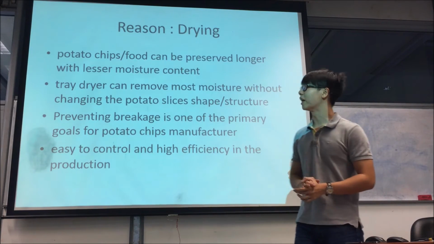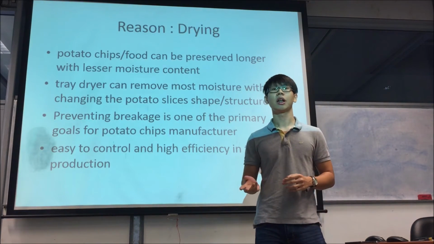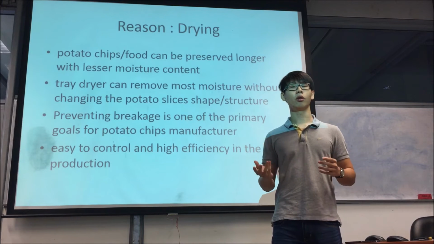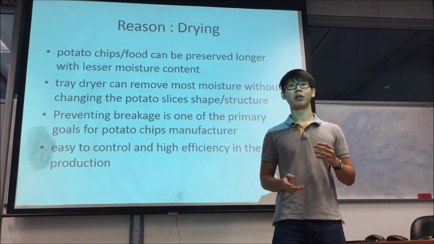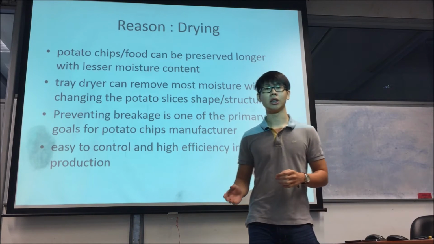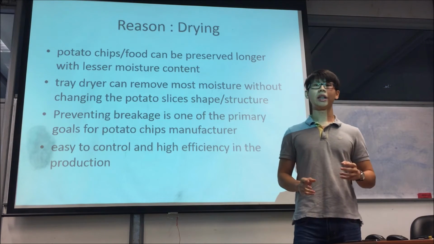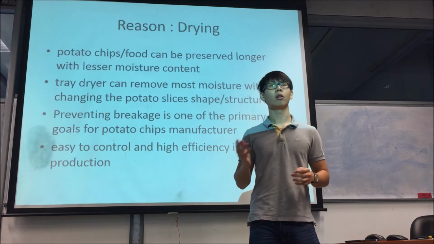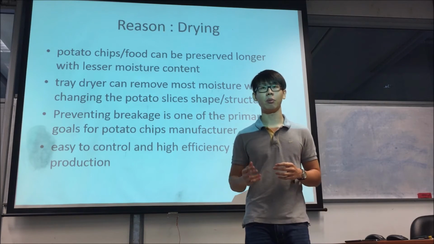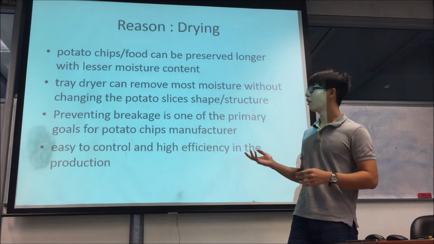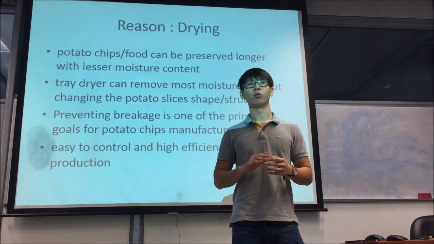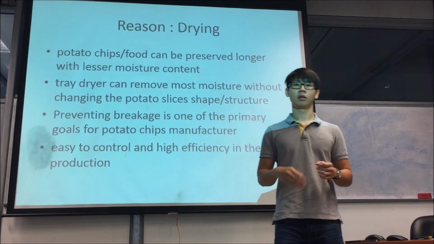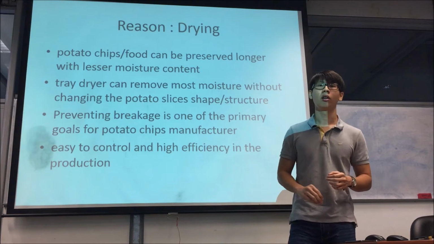Why do we need drying in the production of potato chips and some other foods? Through the drying process, food can be preserved longer with lesser moisture content. The tray dryer can remove most moisture without changing the shape or structure of the potato slices, so it is very useful and chosen over other dryers.